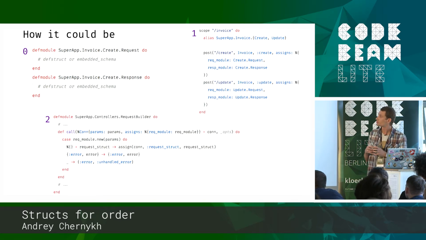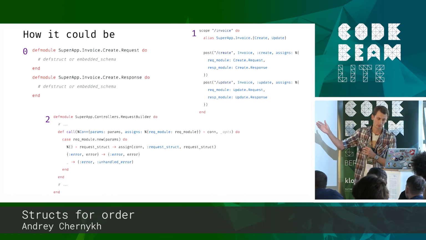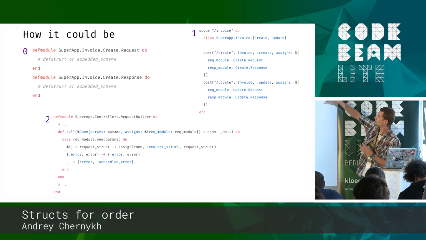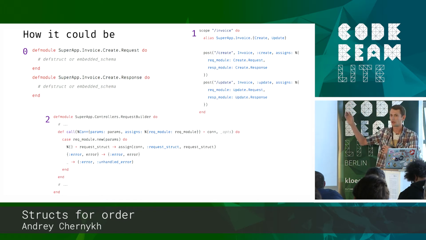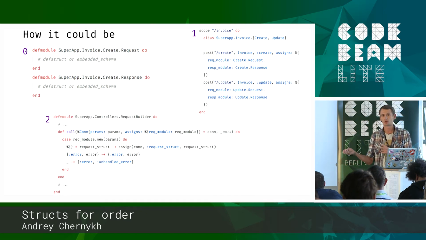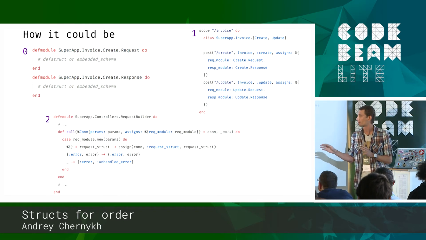First of all, we define two structures for request and response. In the routes, we assign request and response modules to each route and action, so we will have those modules with every request to our controller, assigned to a connection structure. Then we create, let's say, request builder.